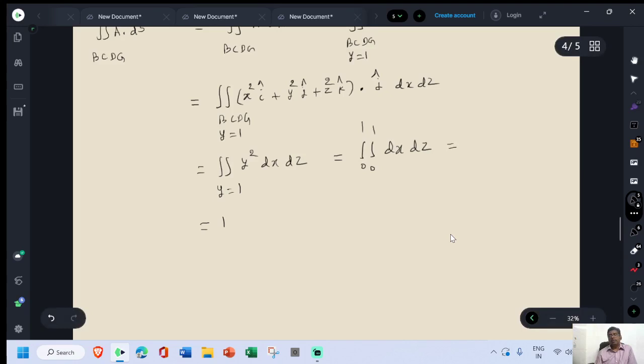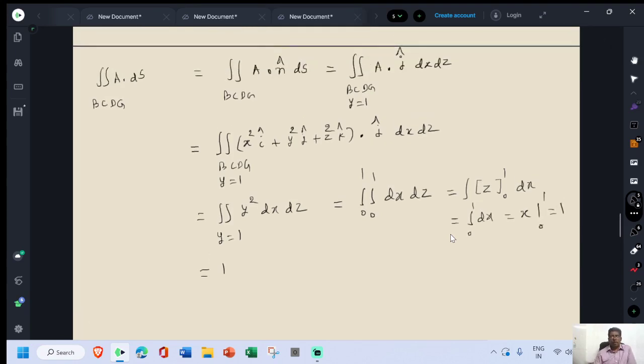This is equal to, first integrate with respect to z, you may get z dx, which is equal to upper limit is 1, integral dx. If you integrate this, you can get x, limit varying from 0 to 1. So the answer is 1.